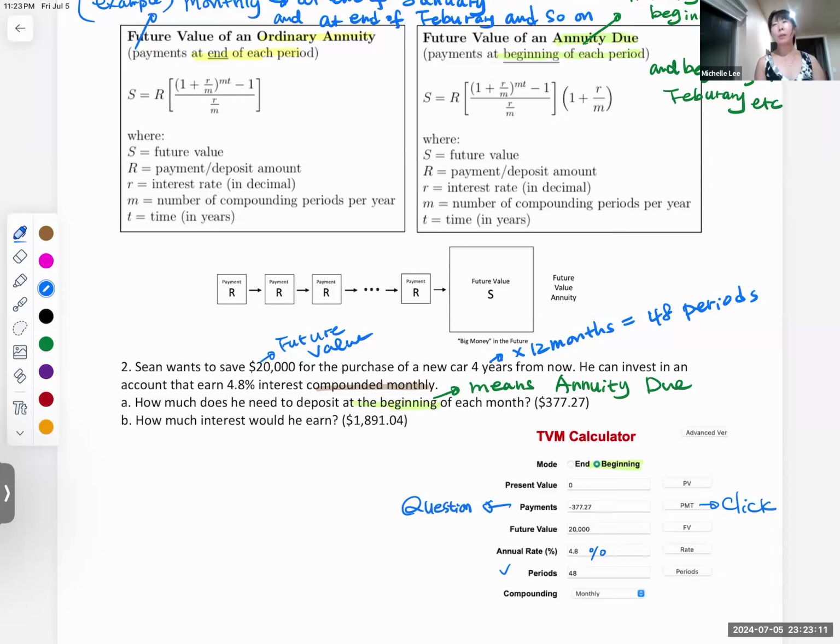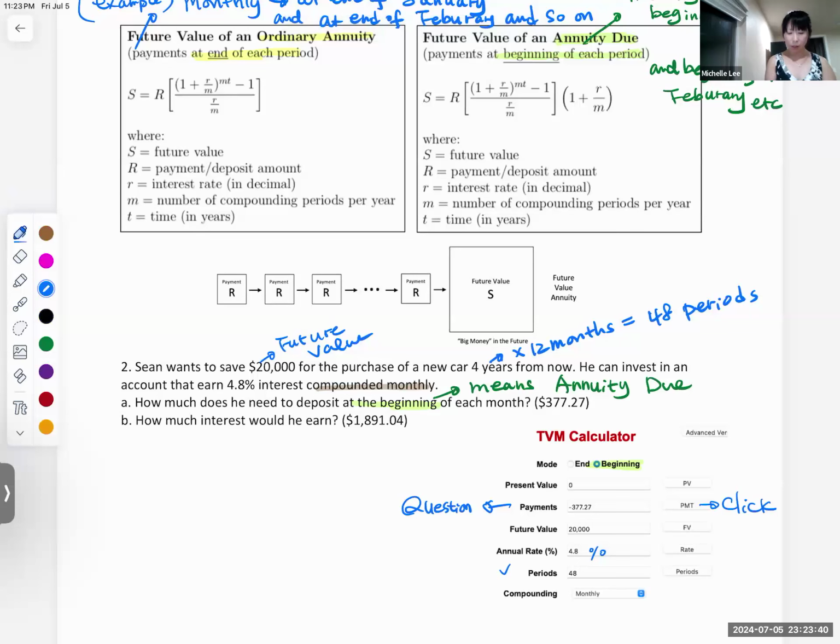And then they don't say anything about the present value, so no present value. If we use the TVM calculator, we get $377.27.